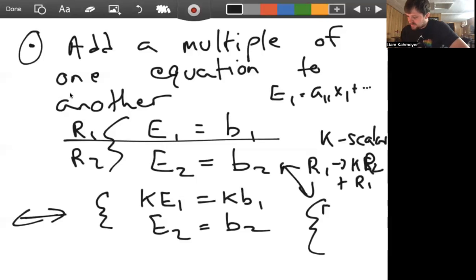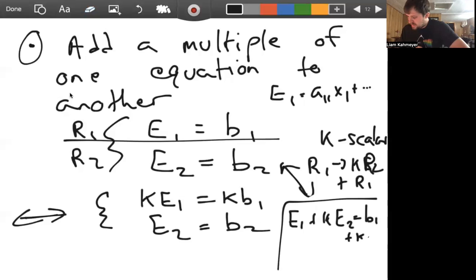And so what this would be is E1 plus k E2 equals B1 plus k B2. So sorry, this would be equivalent to the system E1 plus k E2 equals B1 plus k B2. And then we replace the first row. We didn't do anything to the second row, right? So then we would just have E2 equals B2. And so this is another example of an elementary row operation.